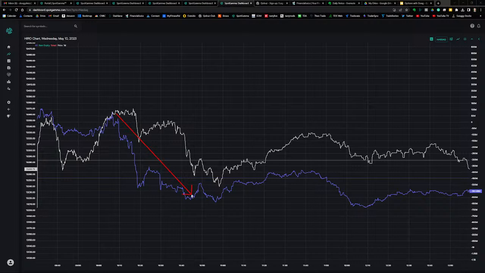Note Hero starts falling, and then it takes a while, but price moves lower. And this is around this level, around 1030, the reversal at the QQQ call wall. And price moves lower.